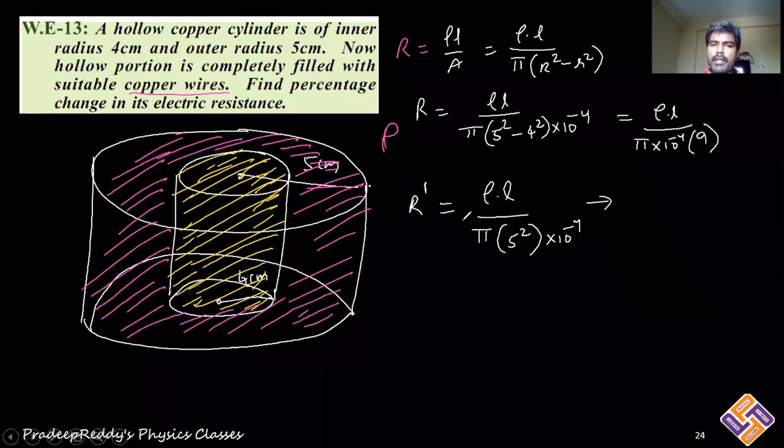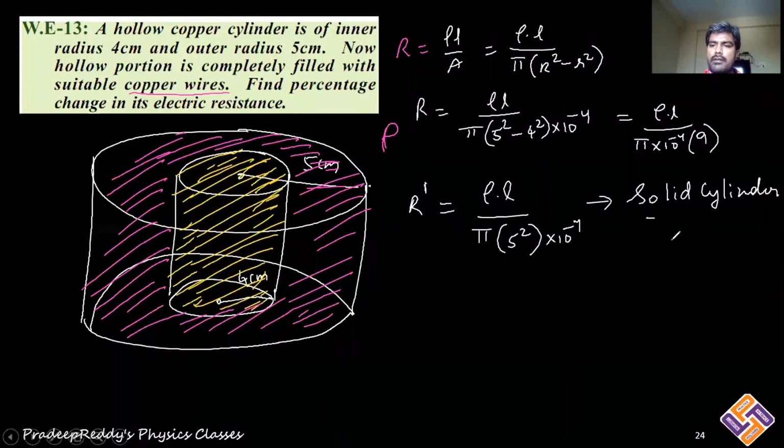Now when you are filling with copper, it is already a copper cylinder, and you are filling the internal empty hollow space also with copper, so that it becomes a solid cylinder. Previously it was a hollow cylinder.